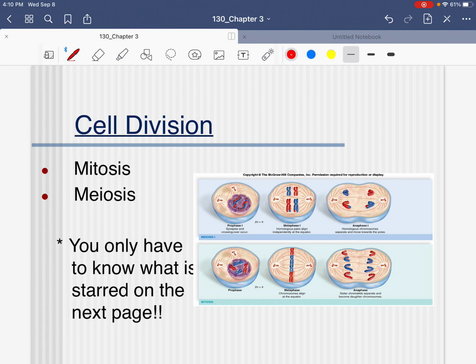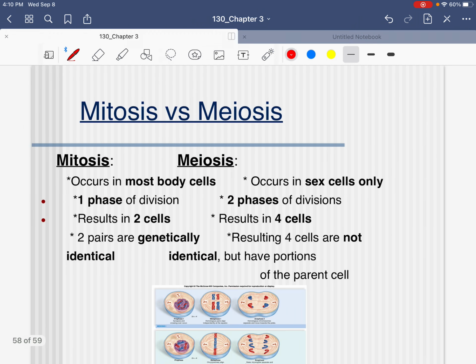Mitosis and meiosis. We need to have an ability for our cells to reproduce. We are not born with the same number of cells that we die with. We need to be able to regenerate, fix damaged tissue, etc. There's 2 different ways to divide cells. And I apologize for the formatting being a little off. Mitosis, and I've put in bold what you need to know.